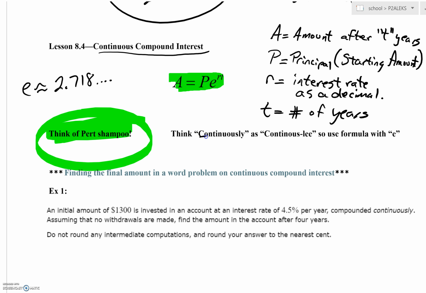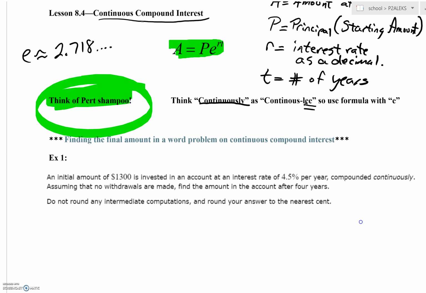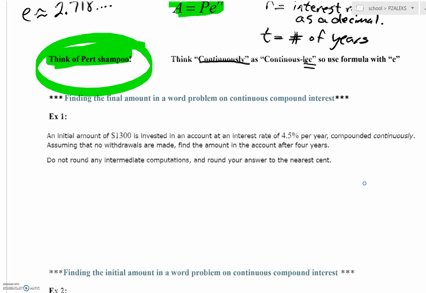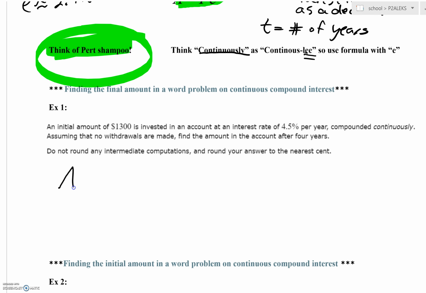Also, when you read continuously, it has that phonetic E sound at the end, and that's going to remind you to use the formula with E in it. So A is equal to P times E to the RT. We're going to use this formula for really every problem that we've got today with some adjustments.